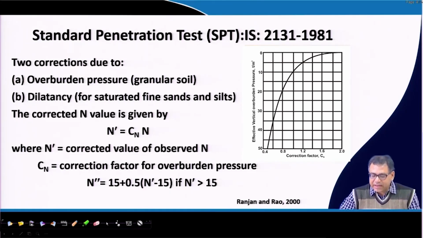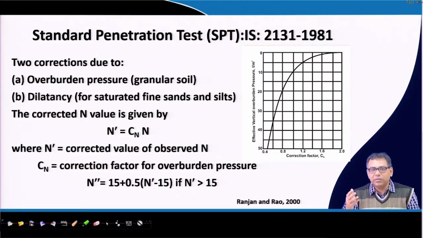Which means that if your effective overburden pressure is more than 10 ton per meter square, then you will get the higher N value that you have to reduce by applying this overburden correction.